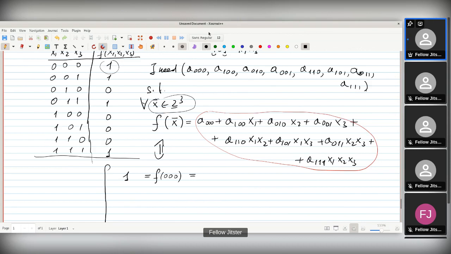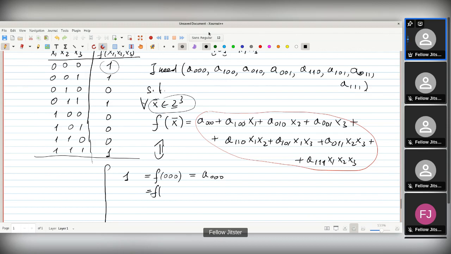What if I make all x's being 0? What will the result be? Everything except a000 will be 0. I have multiplied a binary value by 0, so it is 0. Okay.